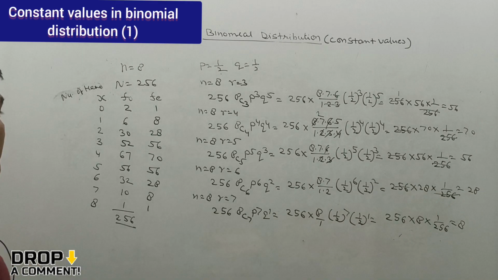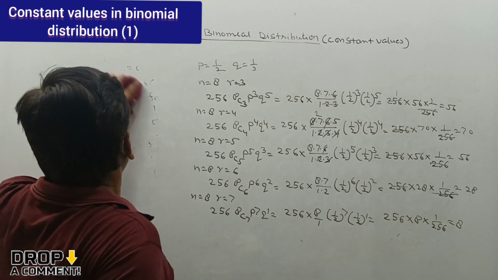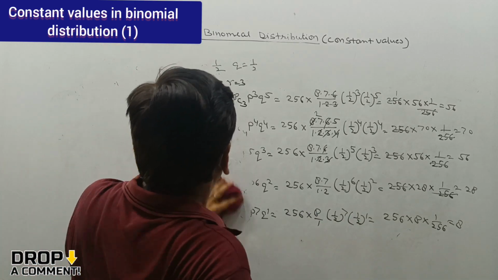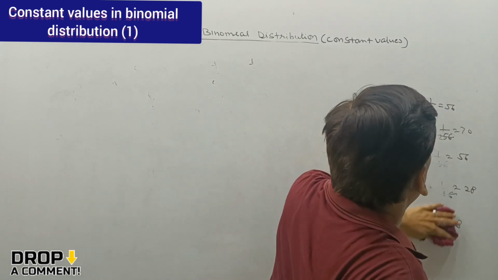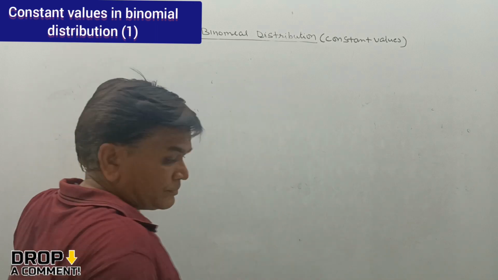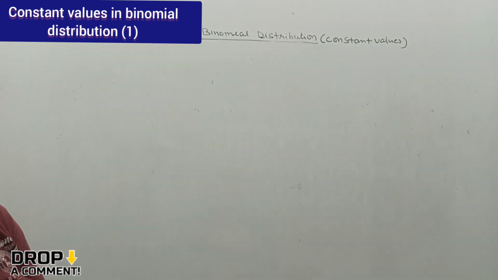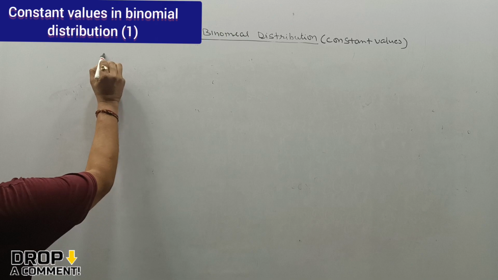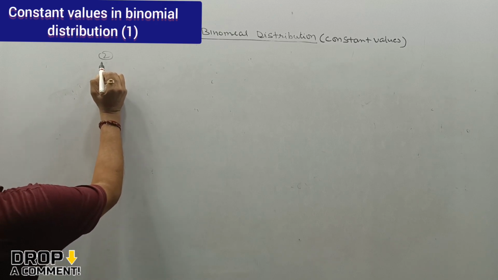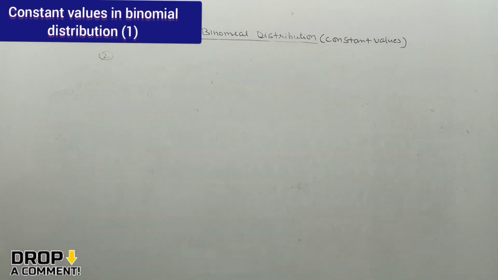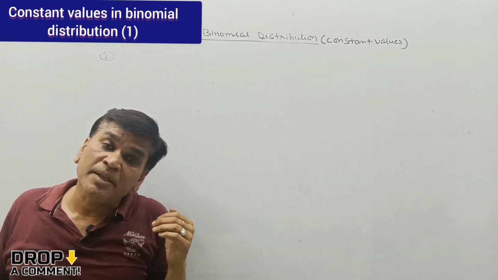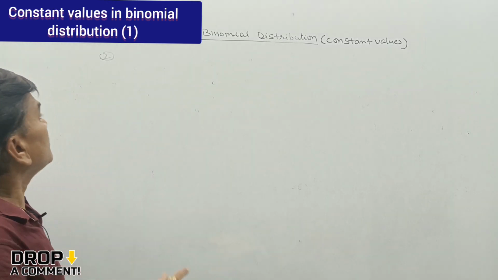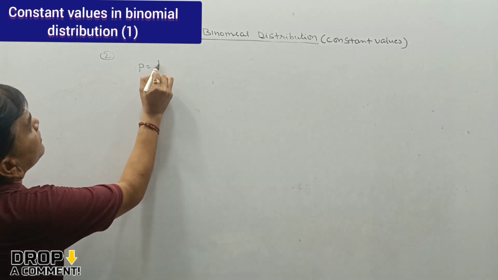We are having one more question related to the constant value of the binomial distribution. The second question we are having: the probability of manufacturing a defective screw is 1 by 10.